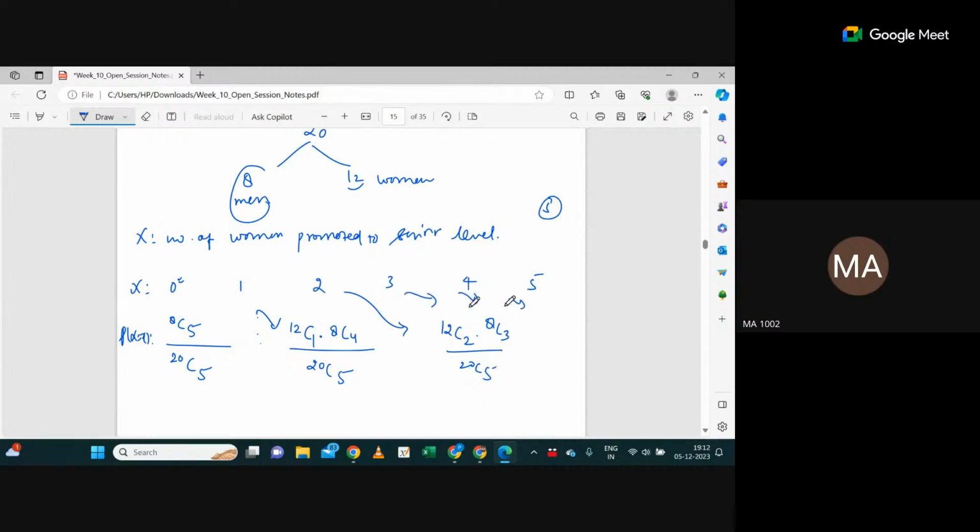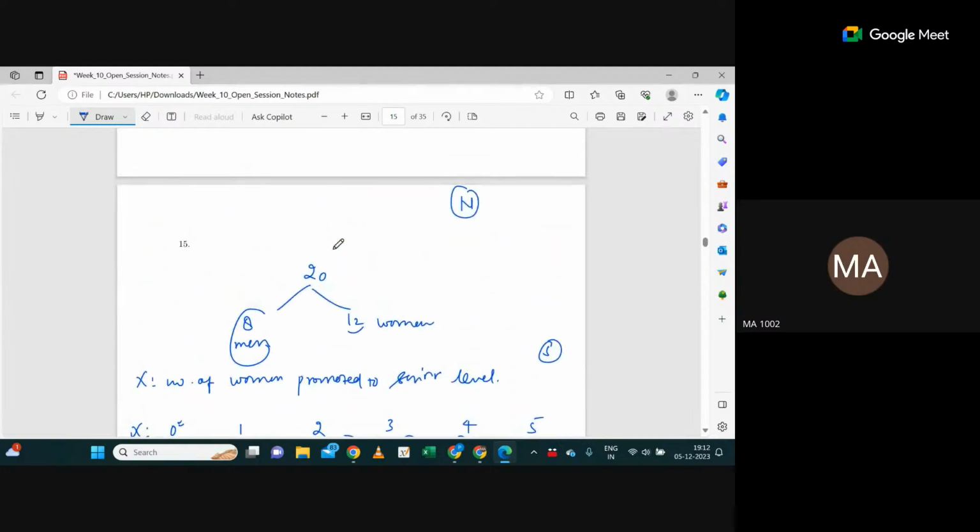Okay, and so this is some sort of hypergeometric. What does hypergeometric tell us? Suppose you have capital N things, or let's say N balls. Out of them, let's say small m are red, then capital N minus m will be blue, right?